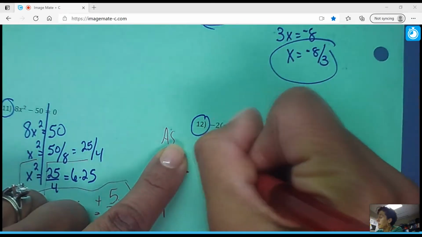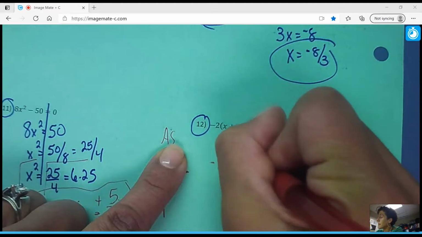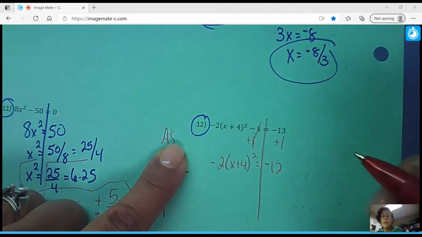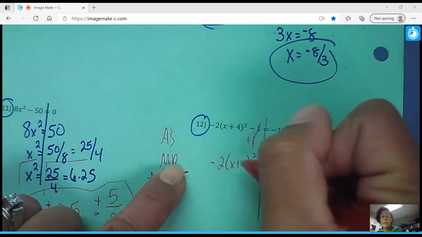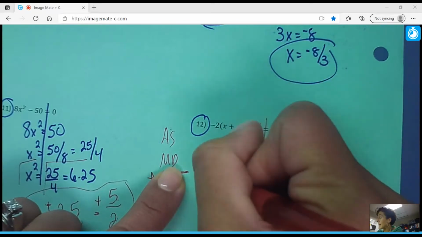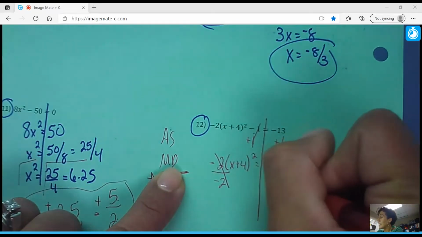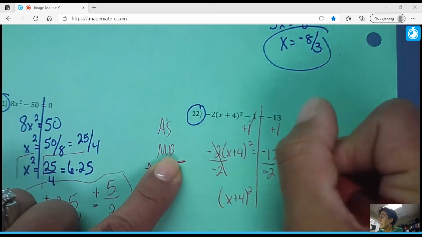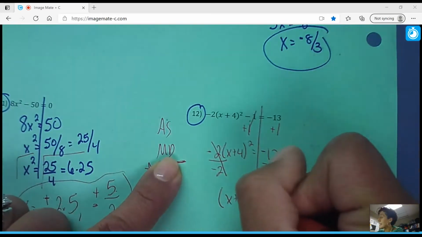So I'm still left with this. And negative 13 plus 1 is negative 12. From there, it's negative 2 times the parentheses squared. So I'll move this multiplying, divide by negative 2, divide by negative 2. So on the left side, I'm still left with the x plus 4 squared. And when I divide these, I get a 6.